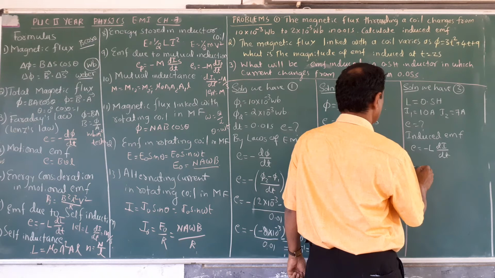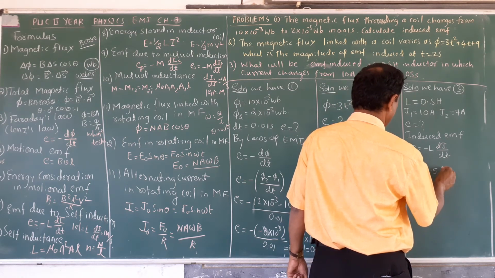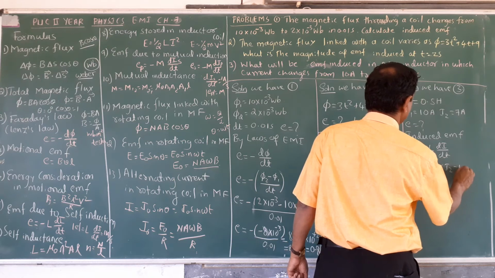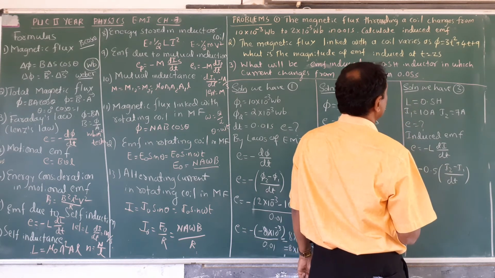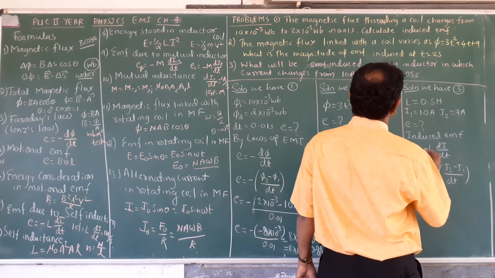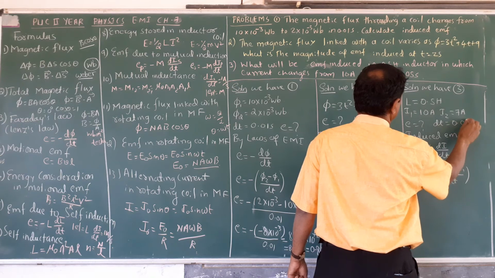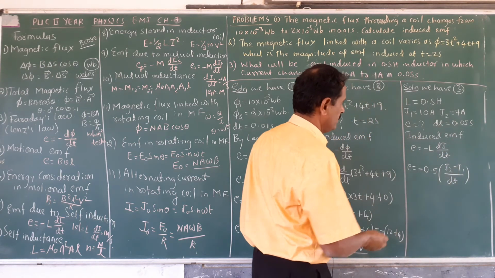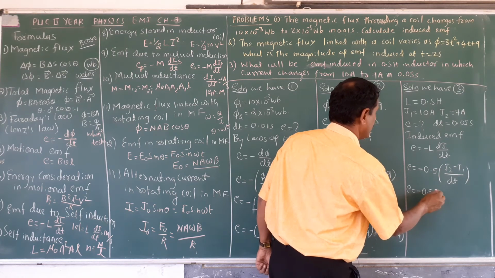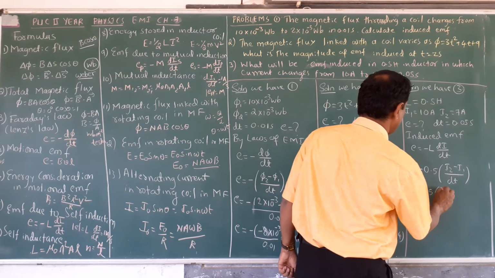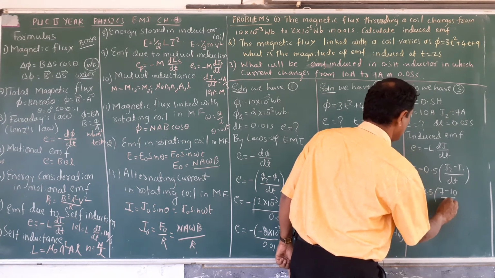Now E is equal to minus 0.5 into (I2 minus I1) divided by dt. dt is given as 0.05 seconds. E is equal to minus 0.5 into (7 minus 10) divided by 0.05.